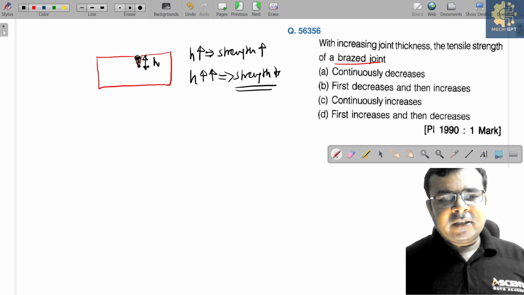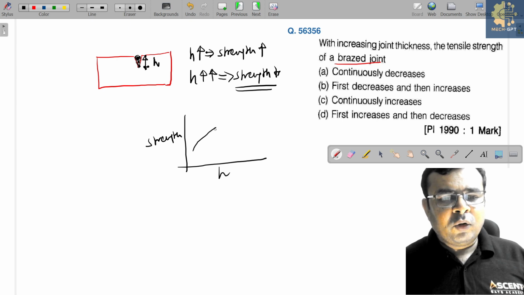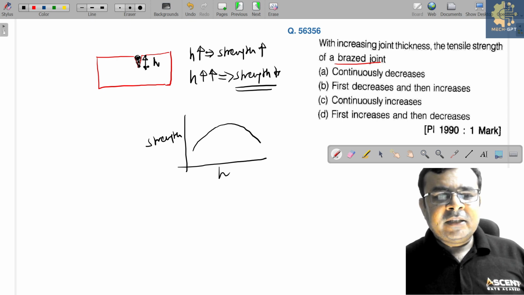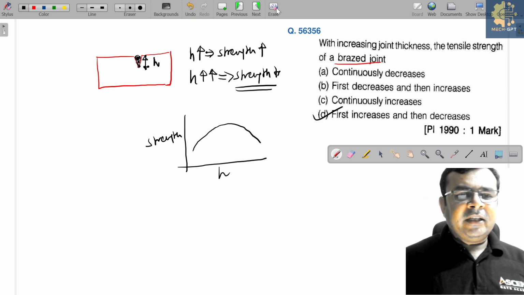That's why its strength starts decreasing. Correct? So if I plot a graph between strength versus this gap, initially the strength will increase, then it starts decreasing. Is that clear? So the correct answer is first increases and then decreases.